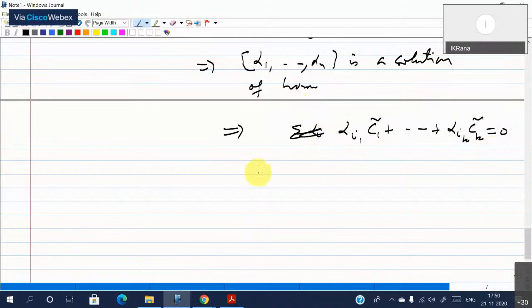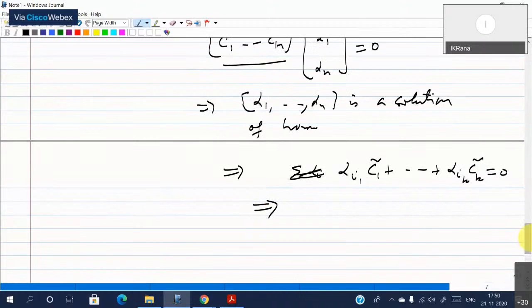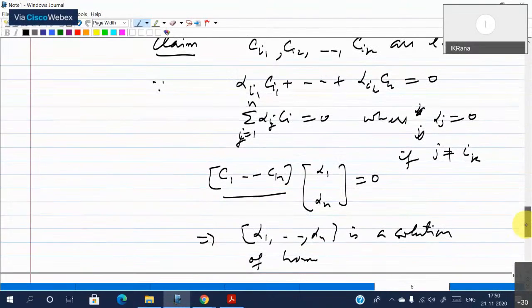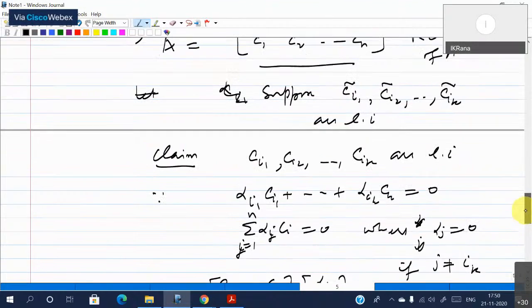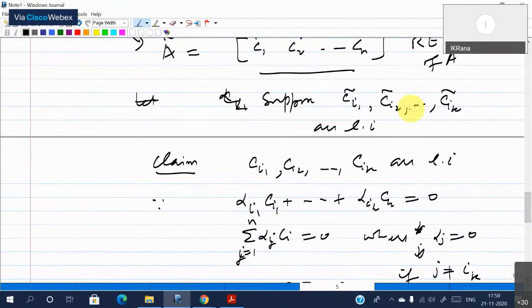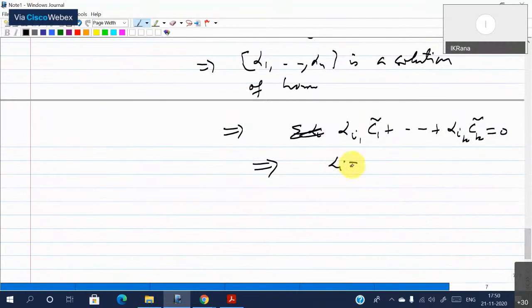Now forget about the 0 terms, and this is equal to 0, and that should imply, because these were linearly independent, that every alpha ij is 0 for every j. So that implies that Ci1 to Cik are linearly independent.